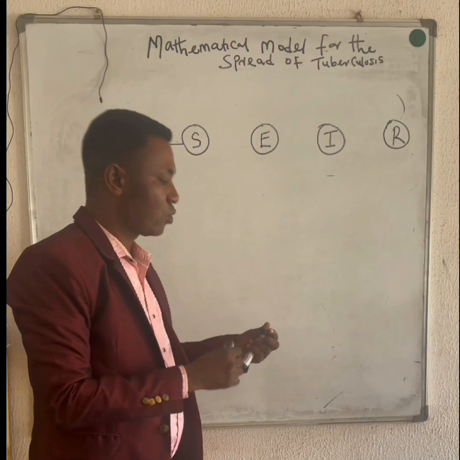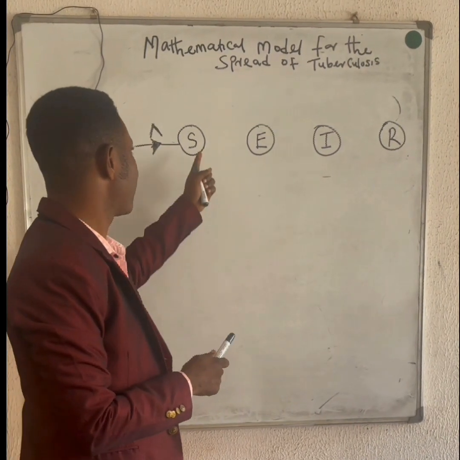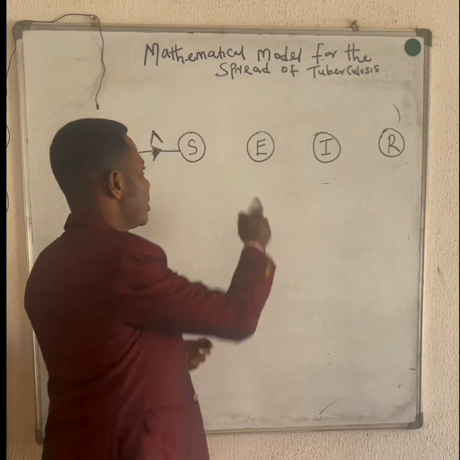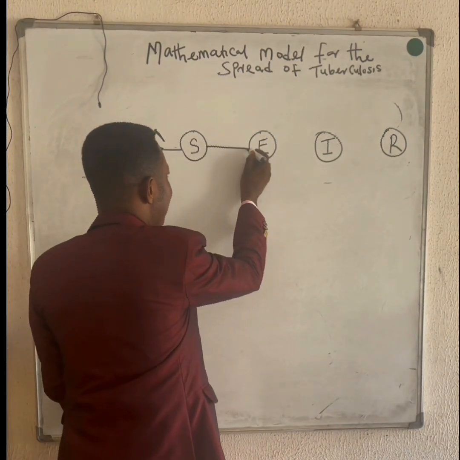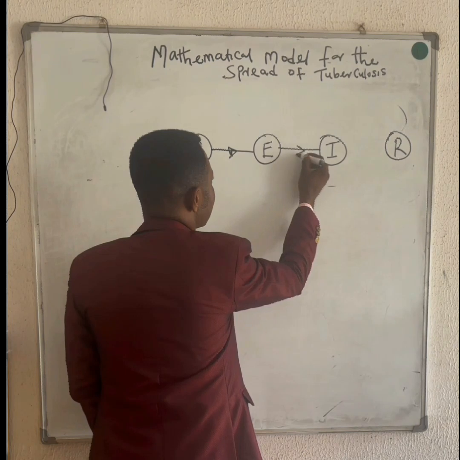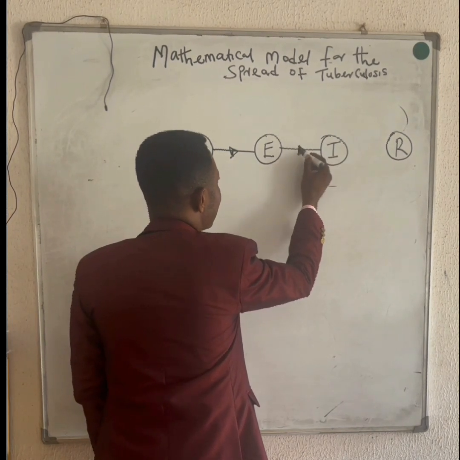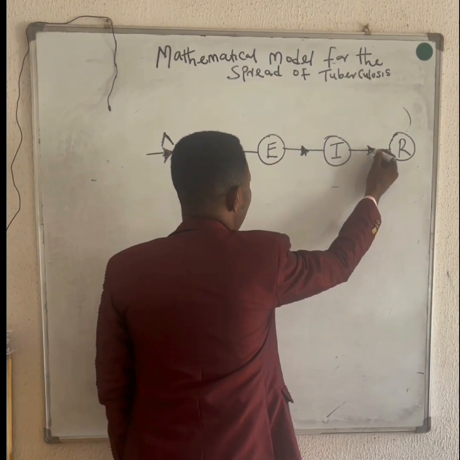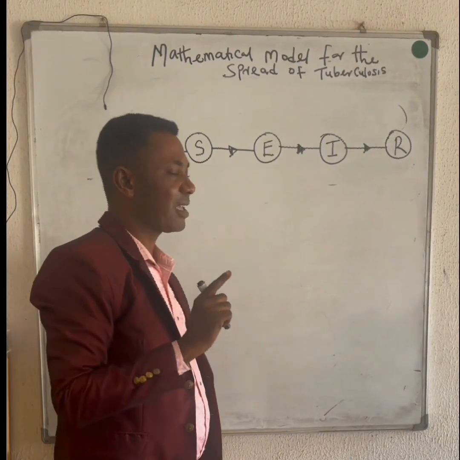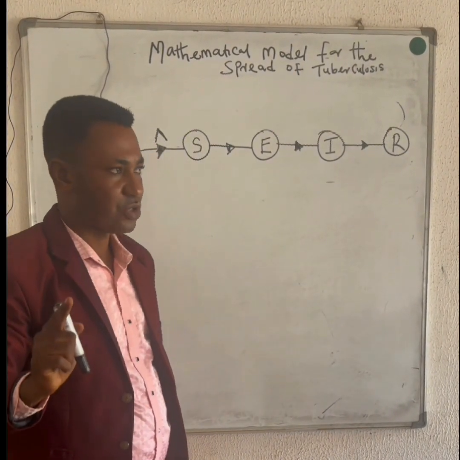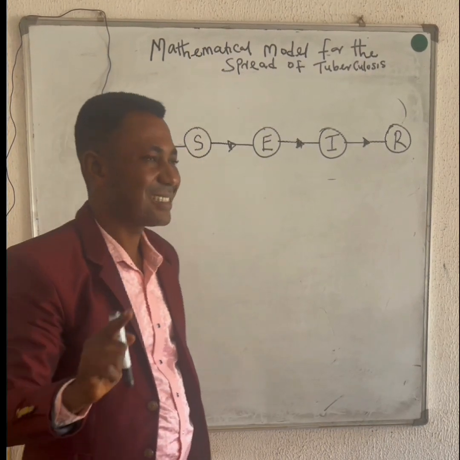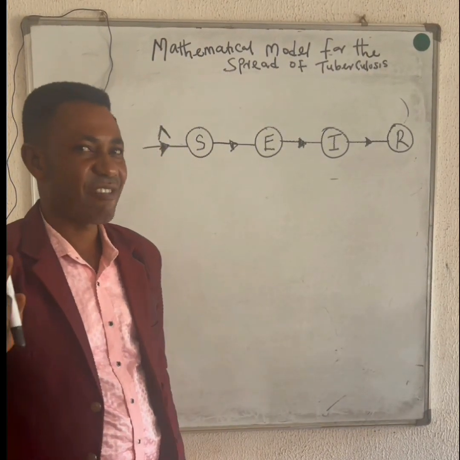So the rate at which people come into the population is taken to be what? Lambda. Now, this is the exposed population that I explained before, and this is the infected population, while this is recovered. Look at it now. For someone to be infected with tuberculosis, that person will have to come in contact with the infected.